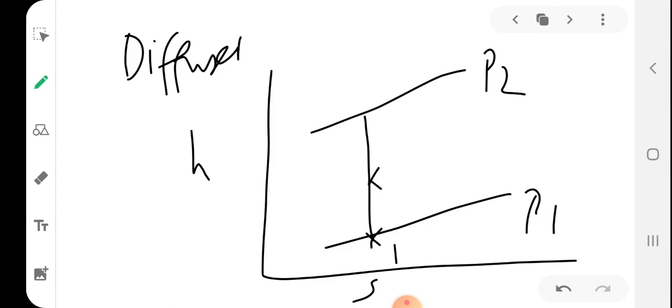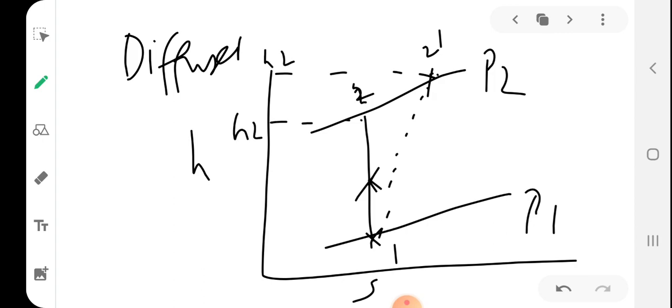This may be the isentropic path, where S is constant, but in the actual case it will be like this, 2 dash. So this is H2, this is H2 dash, and this is H1.